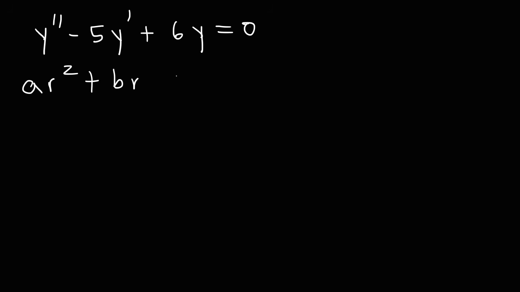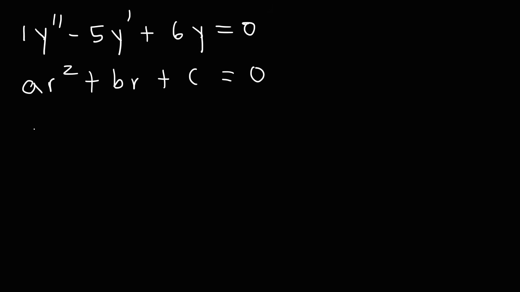Now let's go back to this equation. y double prime minus 5y prime plus 6y is equal to 0. Let's talk about how we can solve this differential equation. So first, let's write this quadratic equation below it: ar squared plus br plus c is equal to 0. a is 1, b is negative 5, c is 6.